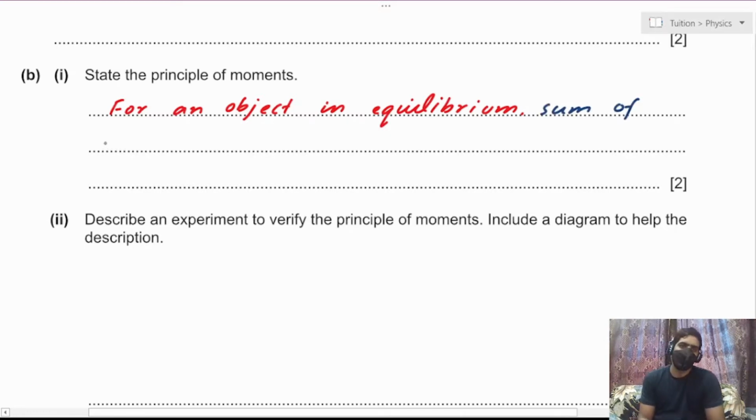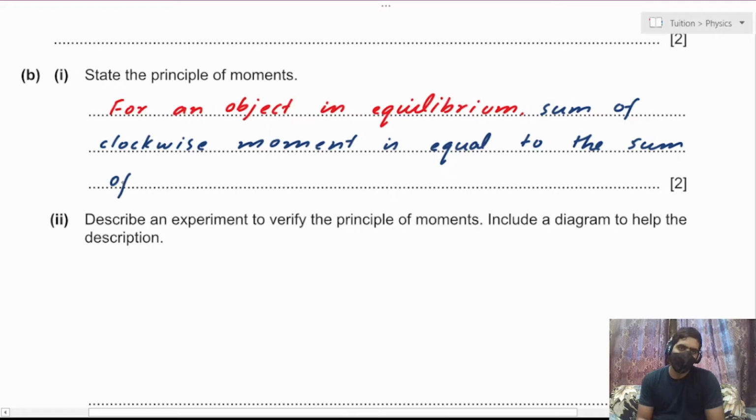Sum of clockwise moments is equal to the sum of counterclockwise or anti-clockwise moments.